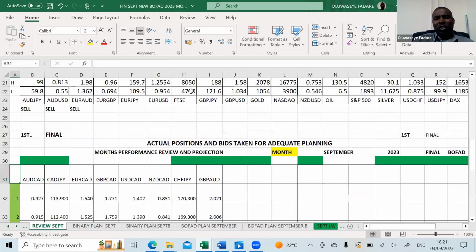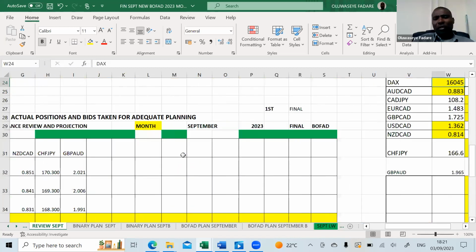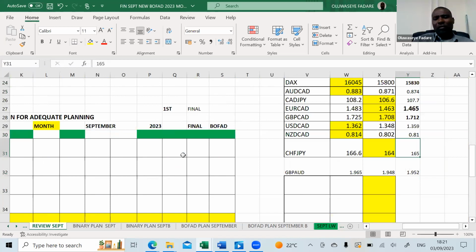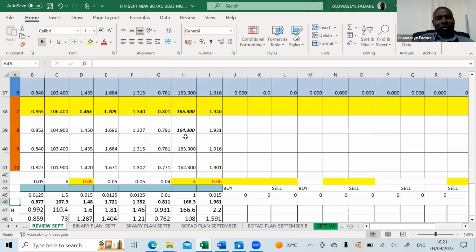So here we have 17 points. Like I said, it has reached both sides because now the market has come below 165.3 and also below 164.3. Even though our current price is at 165, now we have 164 at the bottom and the current price in between these two.